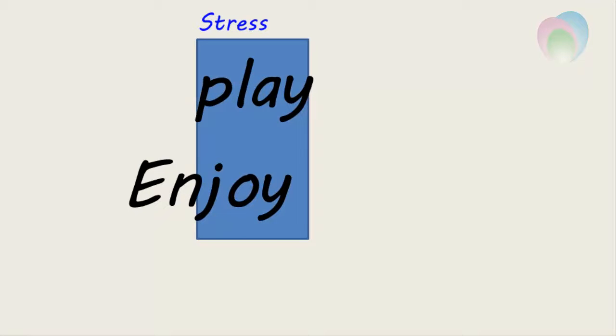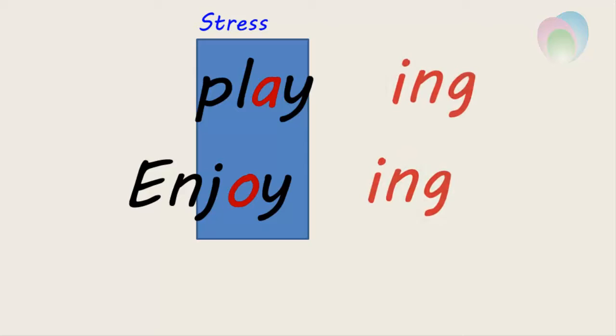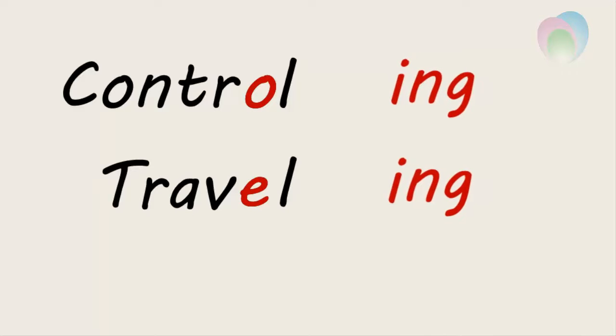Notice that spelling rules of words ending in Y are often different. So the Y's at the end of the one-syllable word play and the two-syllable word enjoy are not doubled. When an L follows a vowel in the end of a word, as in control and travel, in British English the L is doubled.